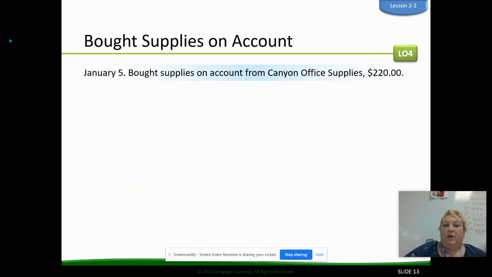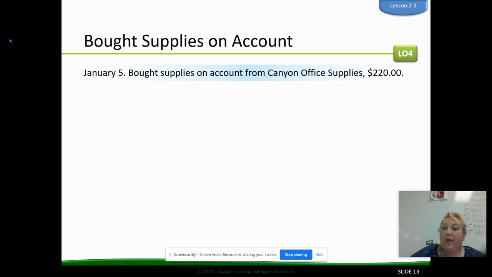Bought supplies on account. So remember, always deal with those first two words first. I bought supplies. So that means I have more supplies. So that means my supplies are going to go up. So that's going to be my debit. And then it says on account. So that means I haven't paid for it yet, right? I haven't paid for it yet. And I owe Canyon Office Supplies.